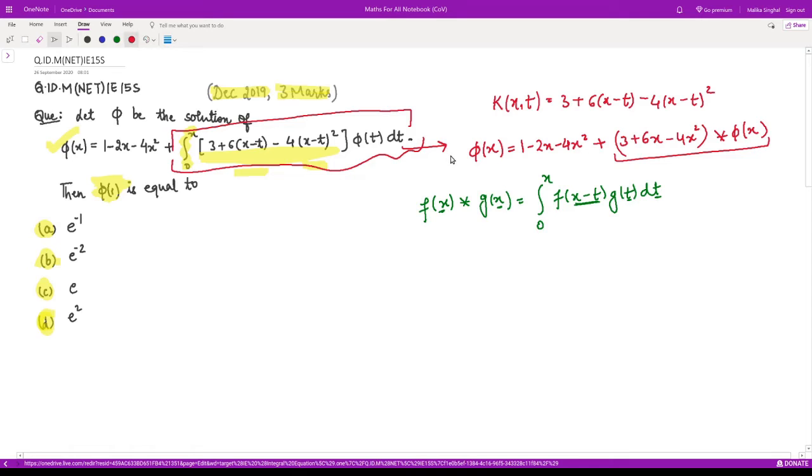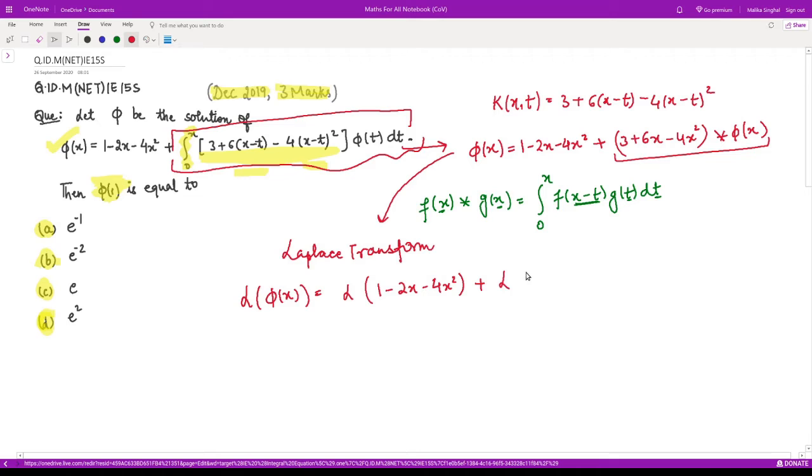Now what we can do is take the Laplace transform on both sides. So what would we obtain? We obtain the Laplace of phi of x is equal to the Laplace of this whole term 1 minus 2x minus 4x square, plus the Laplace of this convolution term, 3 plus 6x minus 4x square convolved with phi of x.